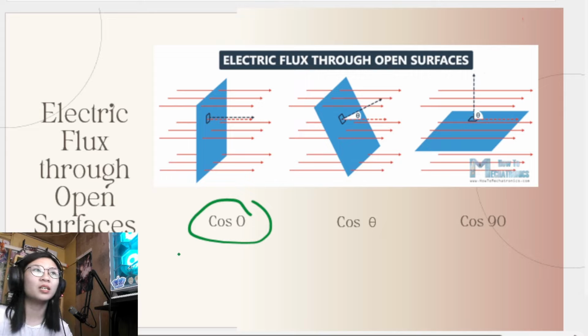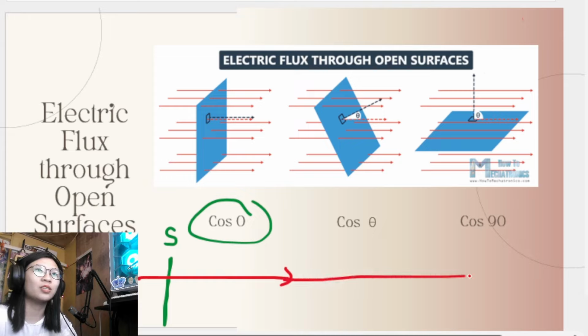So in here, this is your surface. Now your electric field is passing through this one. I will just extend it for the other example.